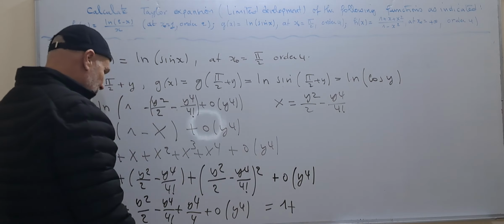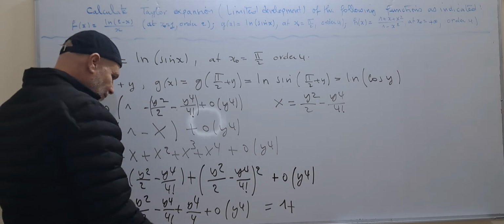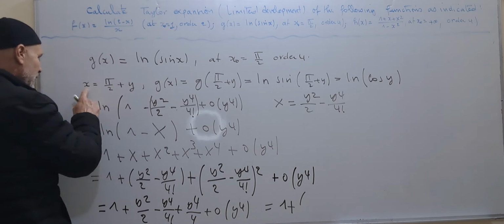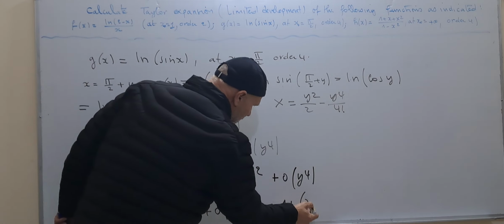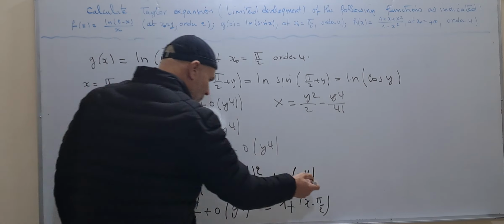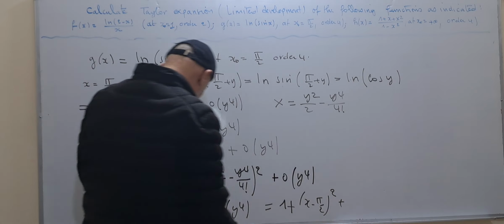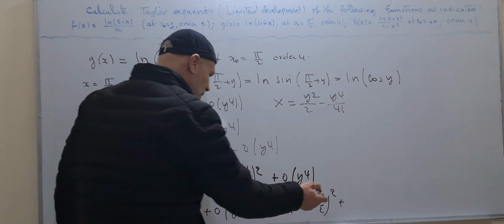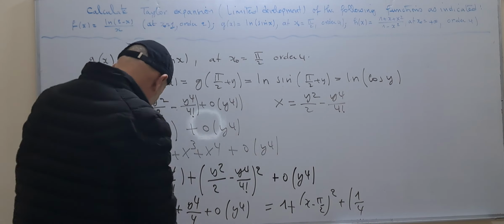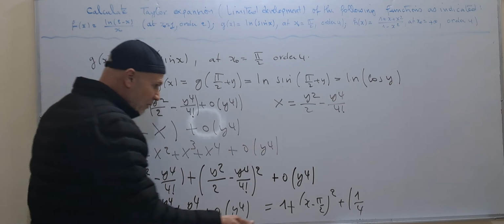This is equal to 1 plus y squared, which is actually x minus pi over 2, so x minus pi over 2 power 2 plus 1 over 4 minus 1 over 4 factorial.